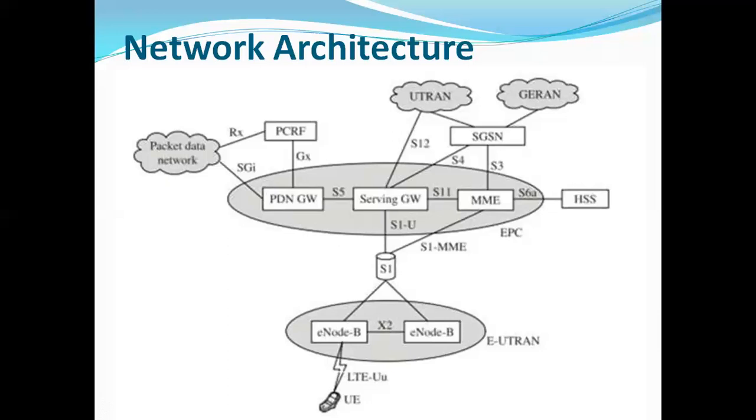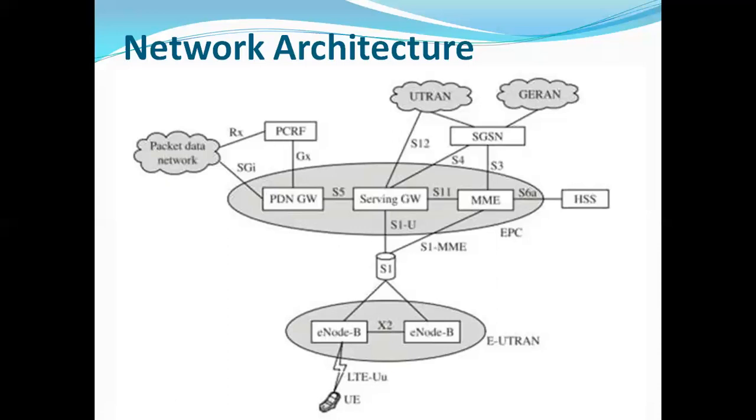The next component is the PDN-GW, that is Packet Data Network Gateway. It terminates the SGi interface toward the packet data network. It routes data packets between the EPC and the external packet data network and is a key node for policy enforcement and charging data collection.